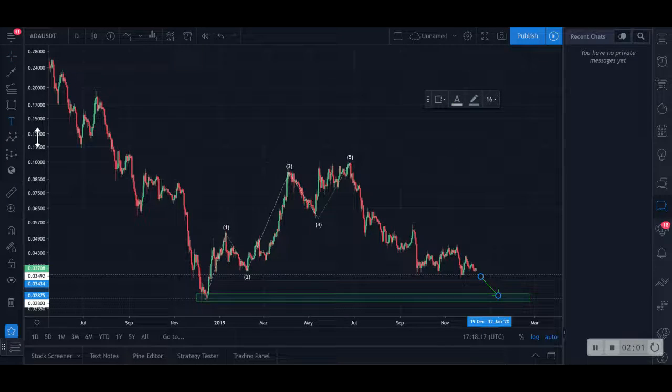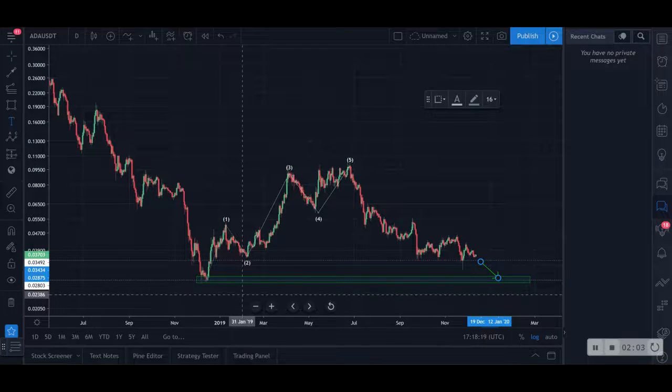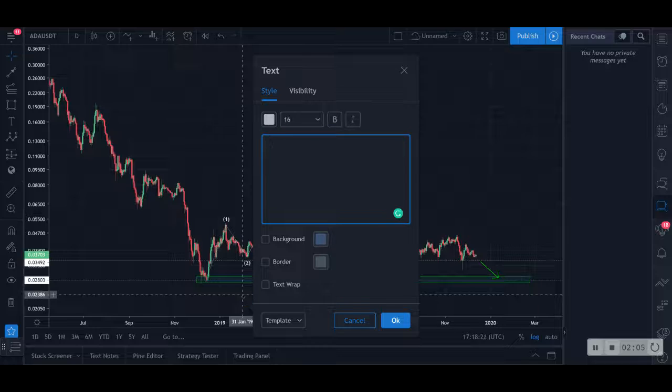I'm just going to write that down. A break under the current support will take us to the highlighted zone, creating a double bottom.